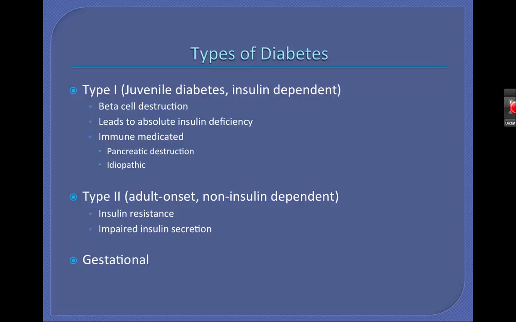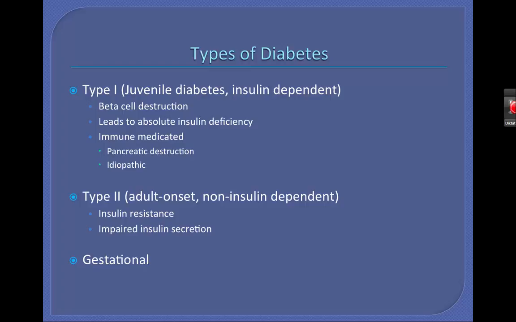It can be immune mediated, which is caused by pancreatic destruction, or it's idiopathic, meaning they don't know what causes type 1 diabetes. Type 2, adult onset, non-insulin dependent, is caused by insulin resistance and impaired insulin secretion.